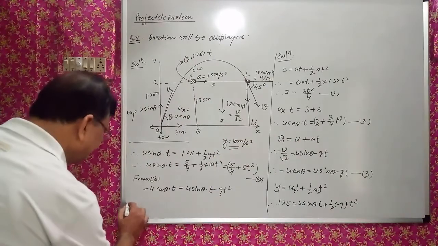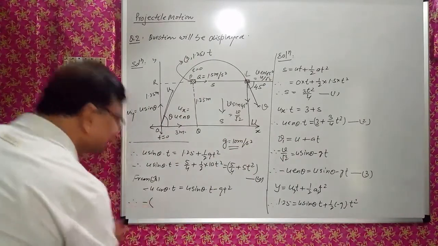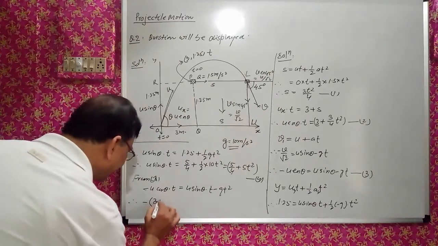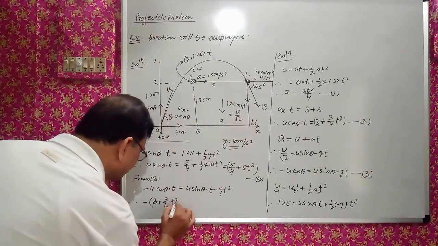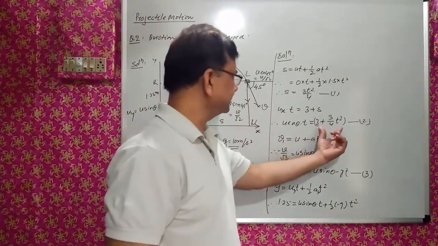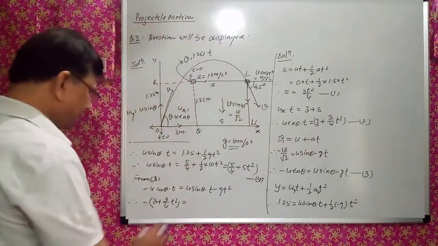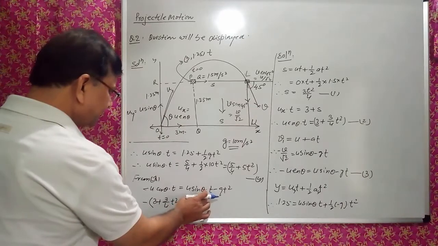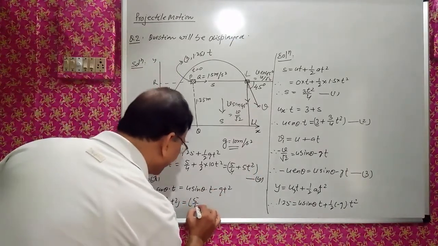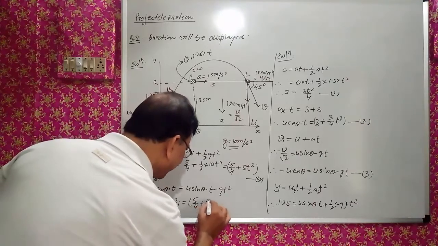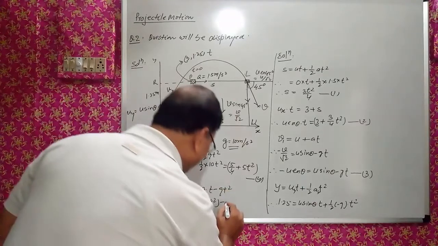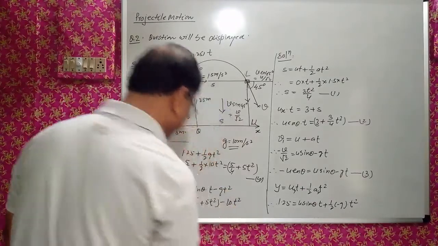That is, therefore, minus 3 plus 3 by 4 t square is equal to, because u sin theta into t is this, that is 5 by 4 plus 5t square minus g is 10, so we can write 10t square.